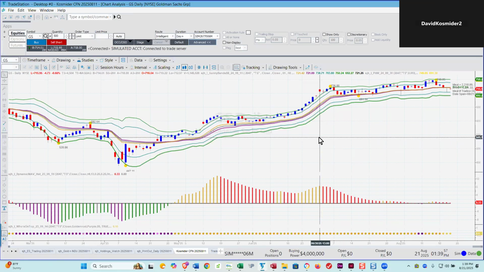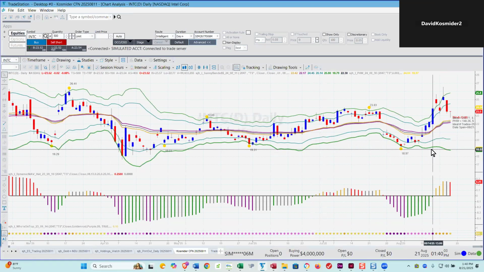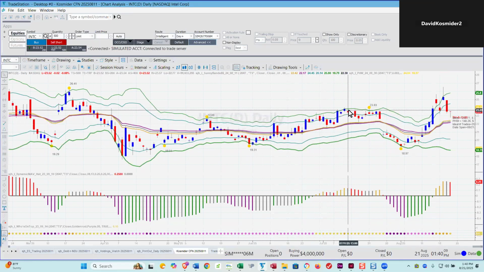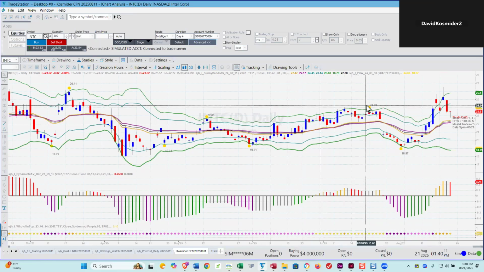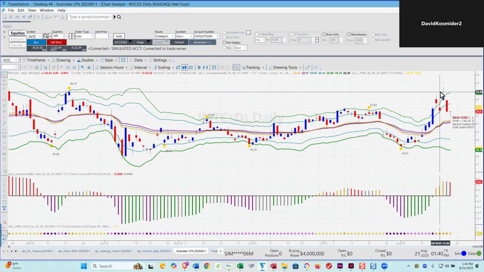That's INTC. Well, this one has gone from the lower outer band to the upper outer band, fell back, touched the upper outer band again, and then we went short right through here. And then this is a long signal. So we go long.